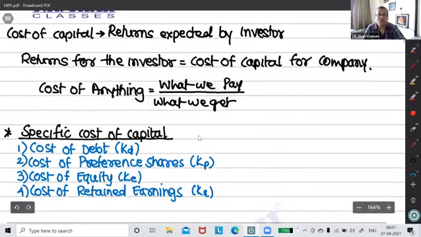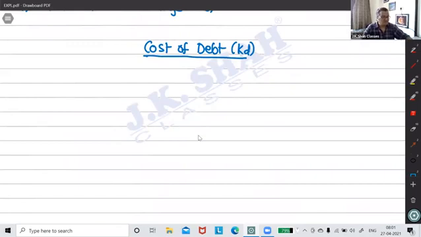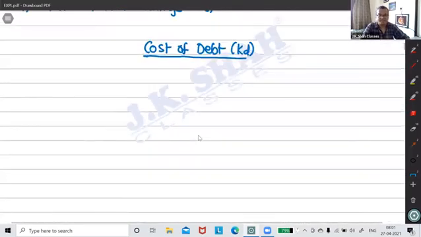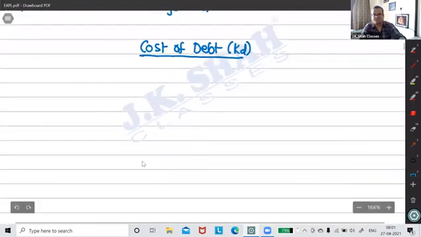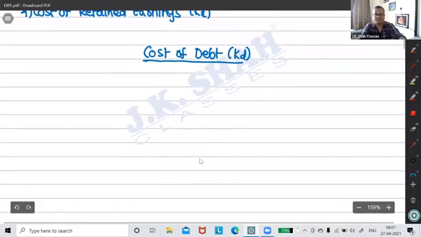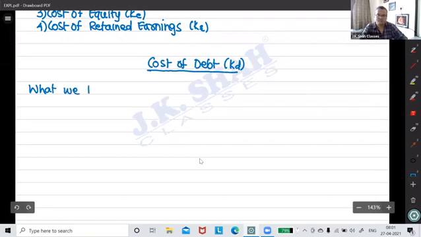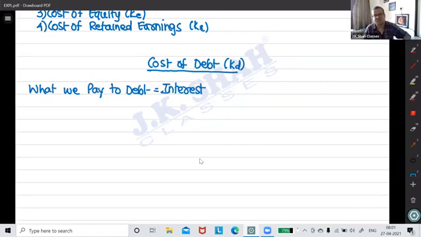So in cost of debt, the first thing is what we pay, obviously interest. Right?